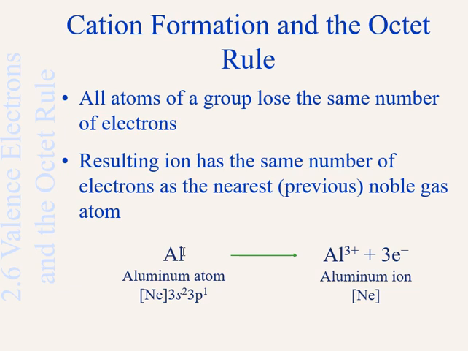Group 3A, such as aluminum, will lose three electrons as long as they are metals, because as we go down group 3A, on the periodic table you should have before you, you will see that we arrive at metalloids and ultimately into territory of very heavy elements which are not very stable. So aluminum has this configuration of neon followed by 3s2 3p1. It must lose 3 electrons, and when it does that it becomes the aluminum cation with 3 plus charge and the noble gas configuration of neon.